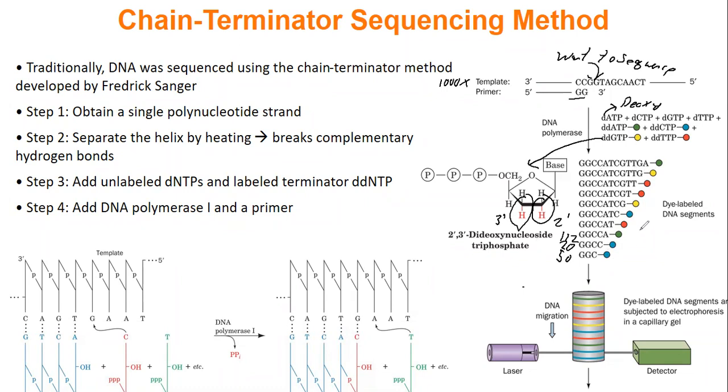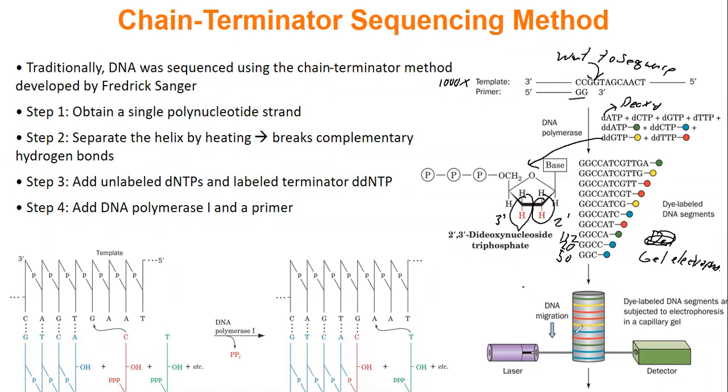You can then take all these sequences and run them through gel electrophoresis to separate these DNAs by size. And they're always going to be separated by one nucleotide. You can then shoot the DNA with a laser and see what color it was.